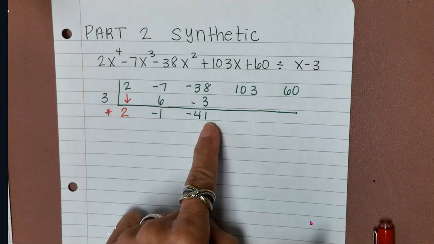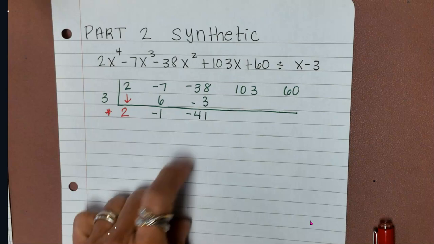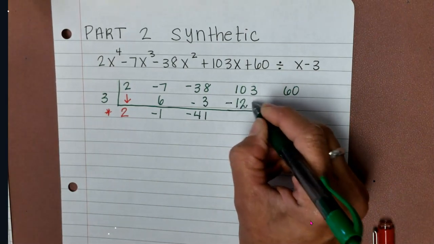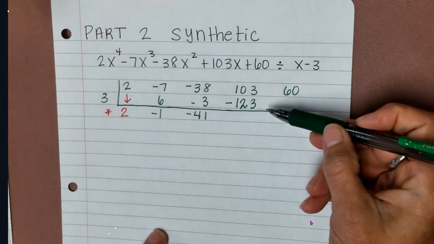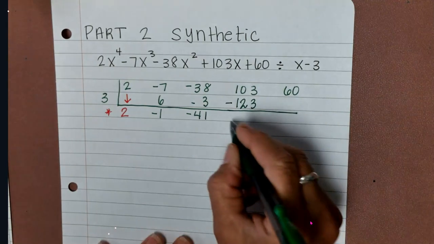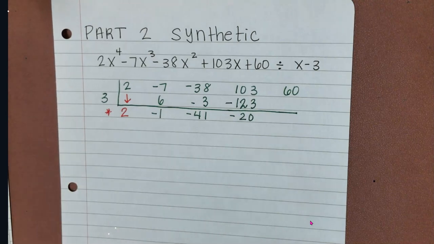Think about 3 times 1. So 3 times -41 is what? Yes, it is. Great job. So positive 103 and negative 123. What's 3 times -20? It is.